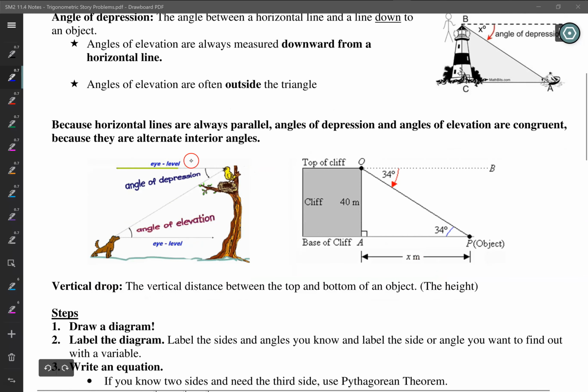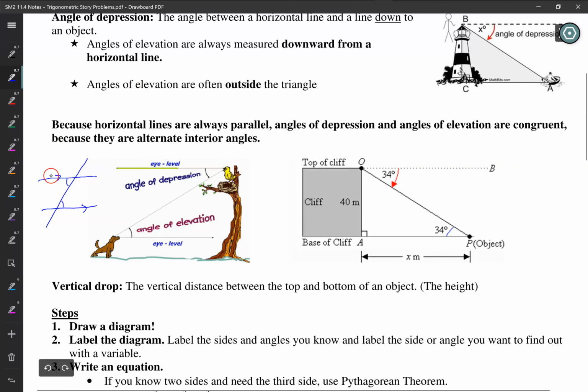Now, if you look at a diagram and you put both angles on, you'll see that this horizontal line and this horizontal line are parallel. And if you remember, when we talked about parallel lines, if you have two parallel lines and they're crossed by a transversal, this angle and this angle, they're both inside the two lines.